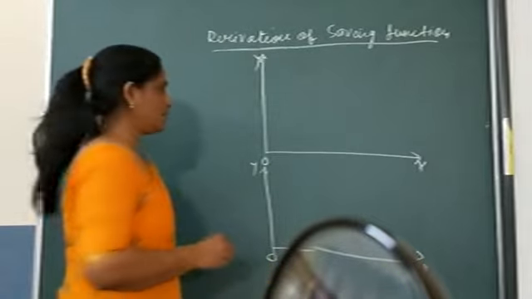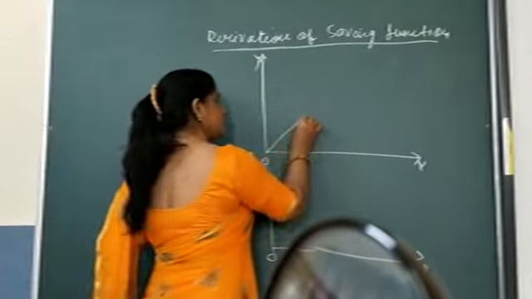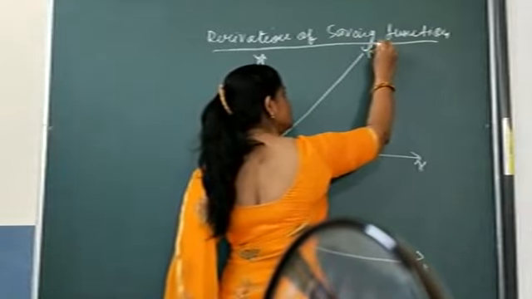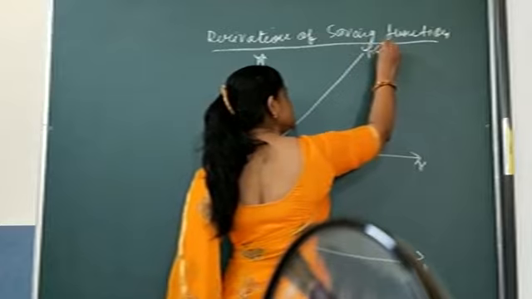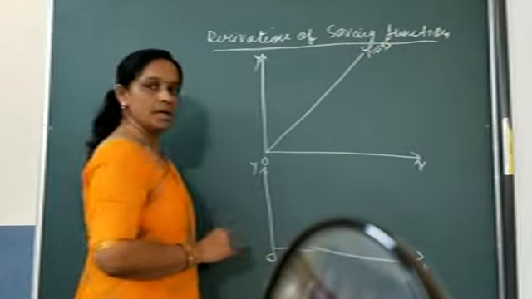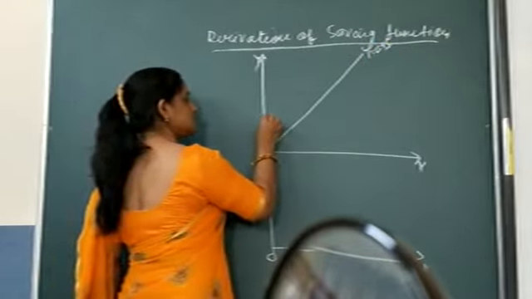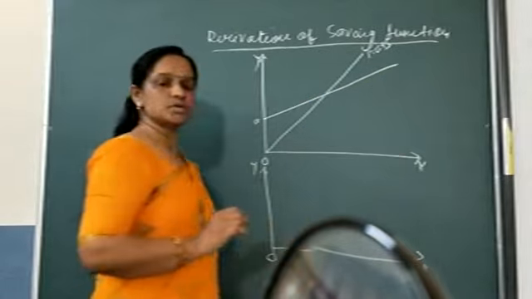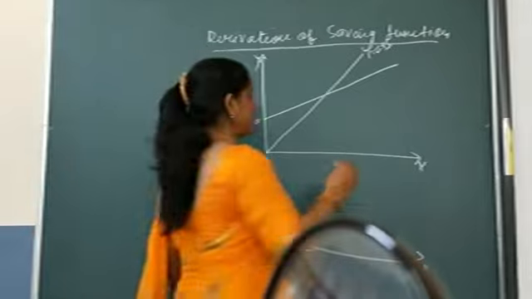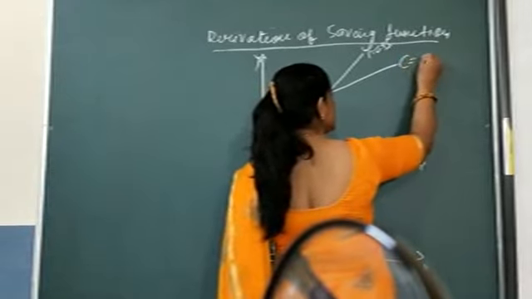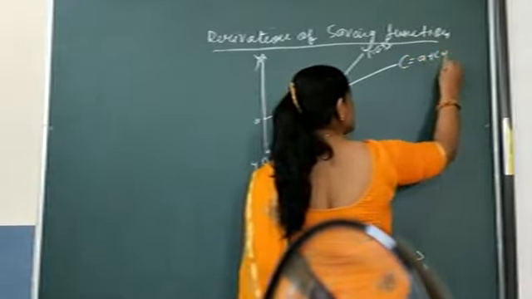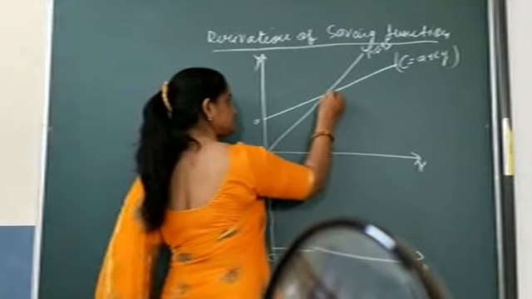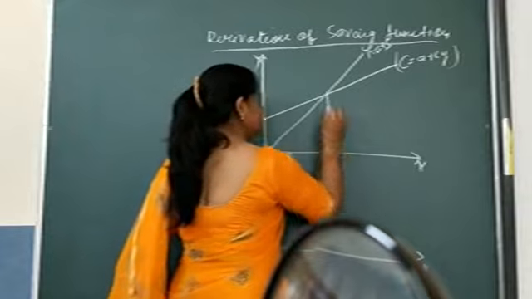Is it clear? Now, the consumption function diagram is Y is equal to C plus S, and consumption starts from the intercept A and it slopes upward because consumption and income are directly related. So C is equal to A plus small c Y. Is it clear? Then here they are intersecting.